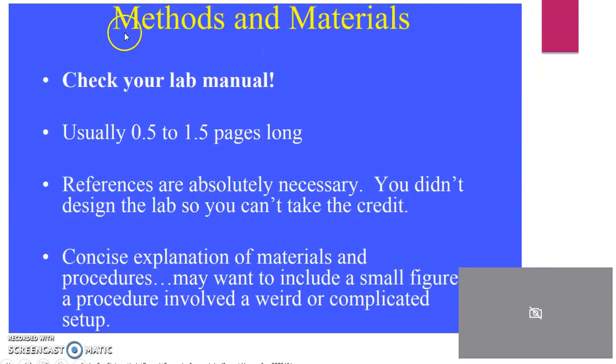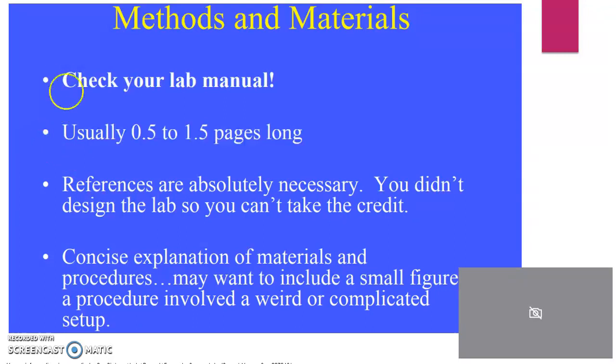Your methods and materials, check your lab manual because it's probably going to have both of these outlined for you. Materials definitely will be listed for you. Methods is basically the methods you use to go through the experiment. This could be anywhere from a half page to 1.5 pages long, depending on how detailed the experiment is, how long the experiment was, how many materials you use, that type of thing.